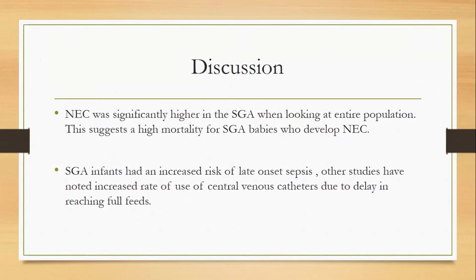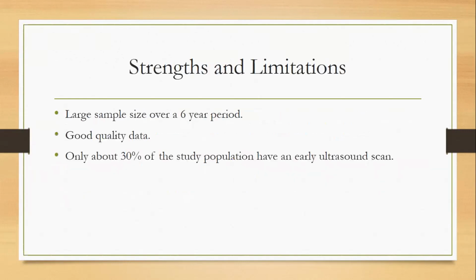In Cape Town, we were able to give total parenteral nutrition to babies who struggle with feeds. The moment you start giving total parenteral nutrition and you're putting central lines in these babies, there's a high risk that they get sepsis and they can die from the sepsis. So our study also showed a high risk of late onset sepsis in SGA infants.